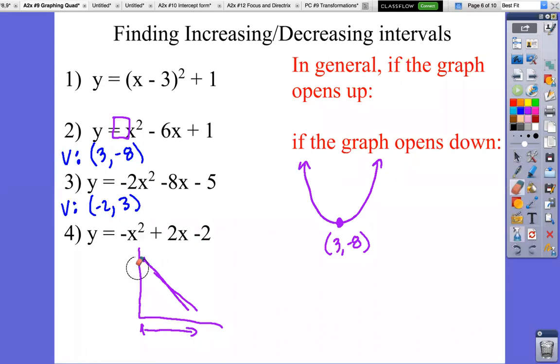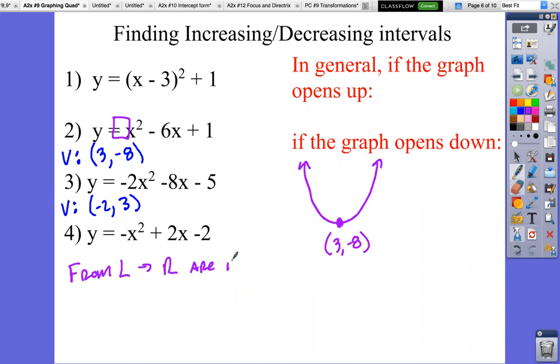So when it's talking about increasing or decreasing intervals, I'm going to put this in plain English. From left to right, are my Y's going up or down? So right here, from left to right, are my Y values going up or down, until I get right here?